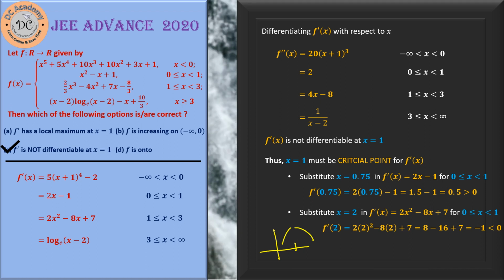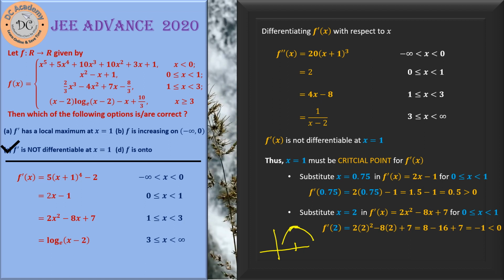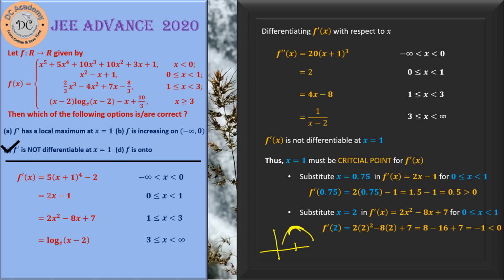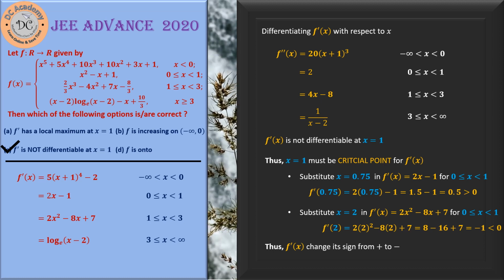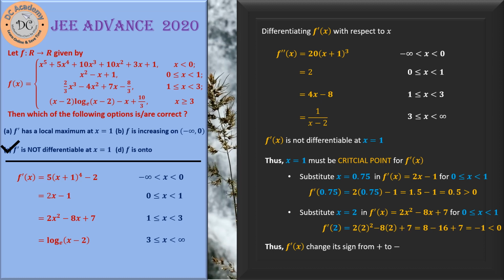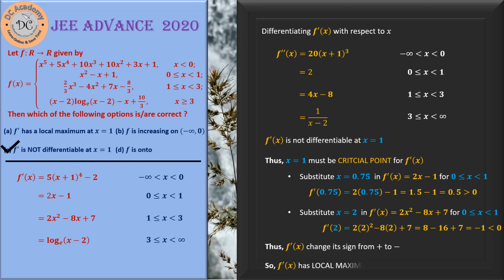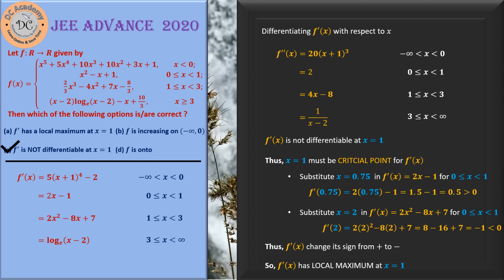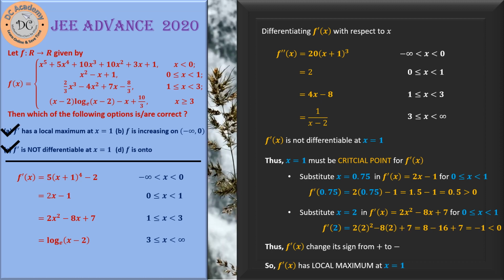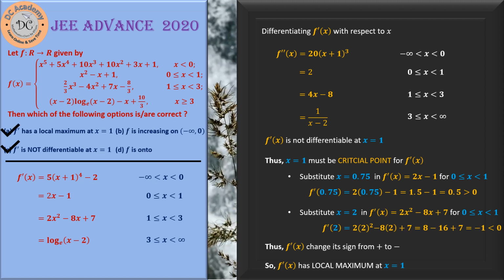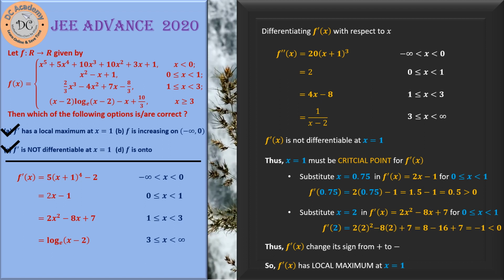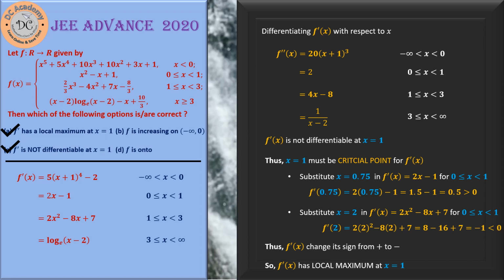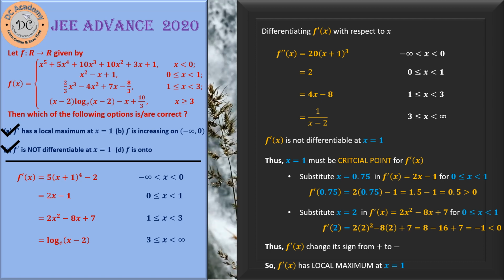Therefore, at x equal to 1, we definitely have a local maximum. As the sign of f dash x changes from positive to negative, it has a local maximum at x equal to 1, and thus option A is correct. So two options are already selected as correct.